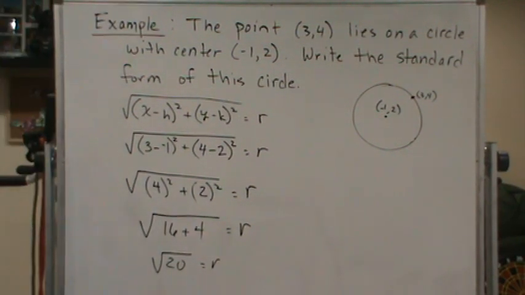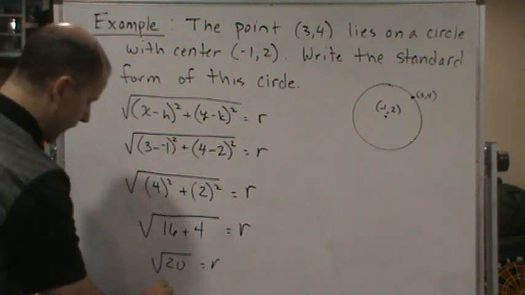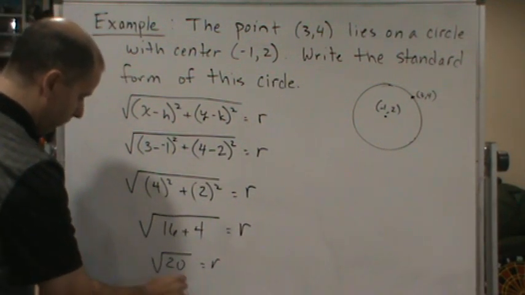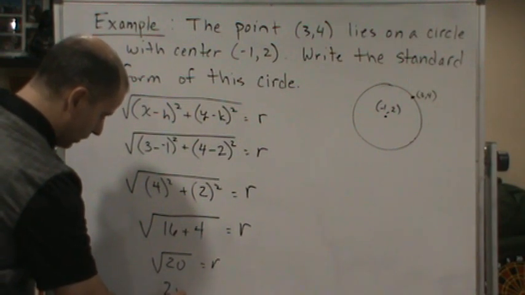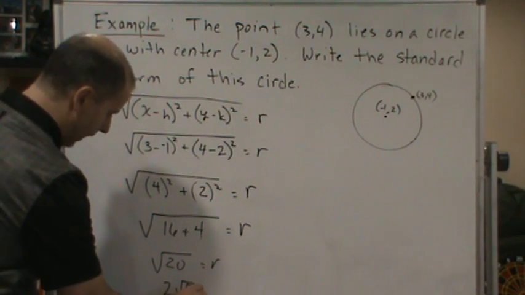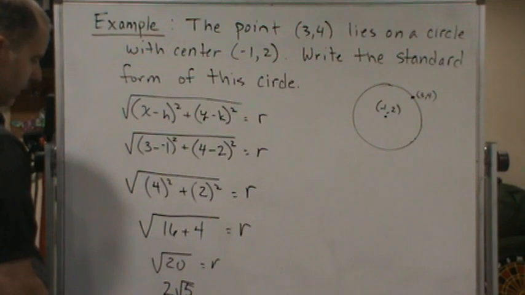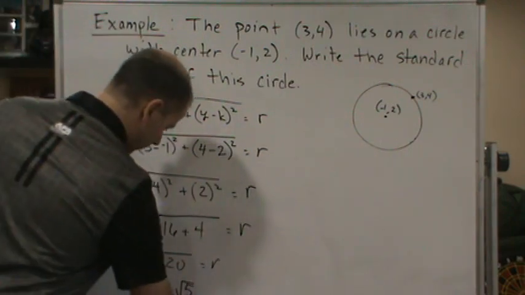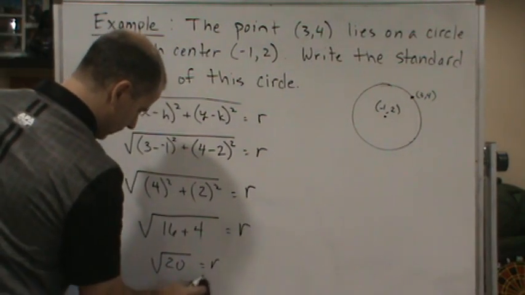The square root of 20 we can split up into 4 times 5, so the square root of 4 is 2, and we get 2 times the square root of 5. But we don't really have to do that because remember, we're going to write this in standard form, so let's just leave it at that.